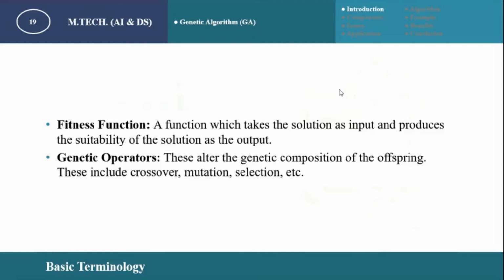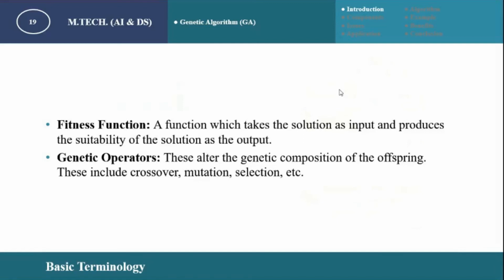Any solution can be the input, and the output is the fitness of that solution. And the genetic operators alter the genetic composition of the offspring. That is, two or more parents will be there, or a particular population is already there, and from that population we are doing some operations. Those operators are known as the genetic operators.